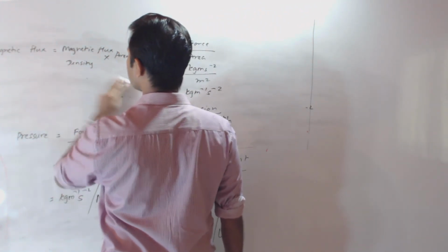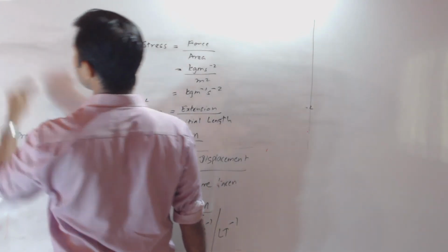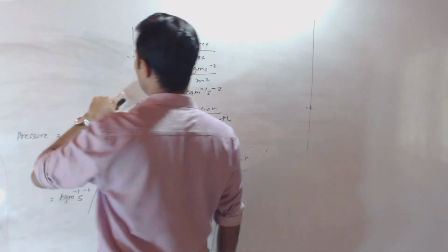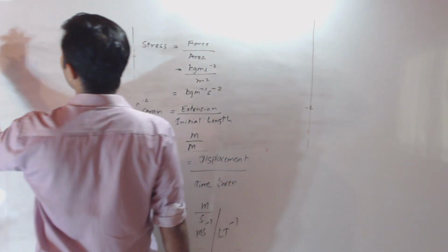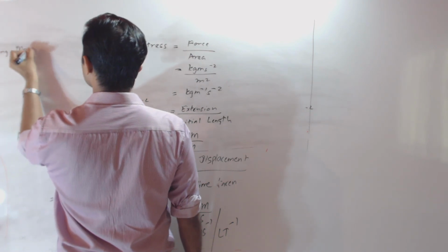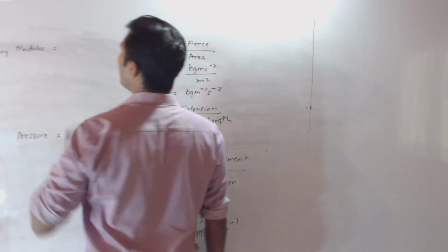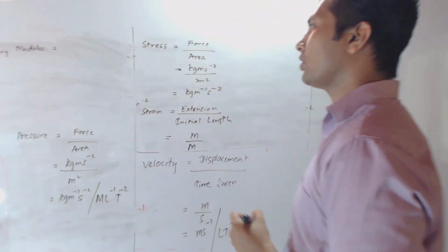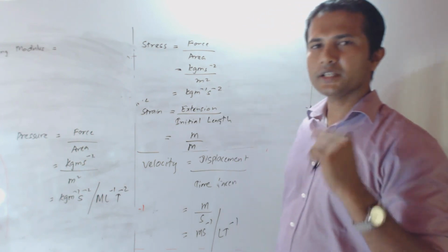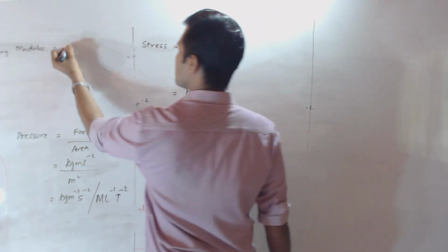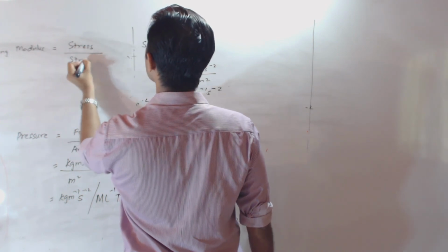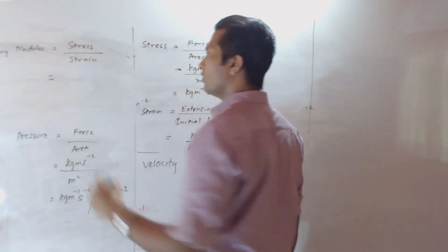What is the next physical quantity? We can go through Young modulus. In order to find Young modulus, take the ratio between stress and strain. Stress divided by strain gives you Young modulus.